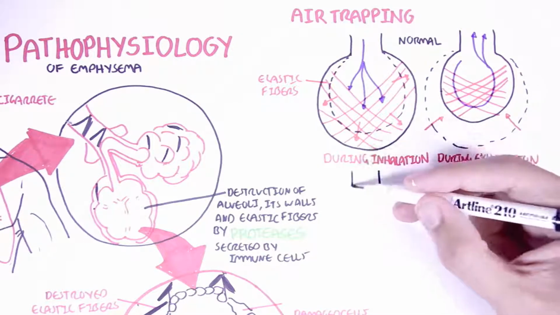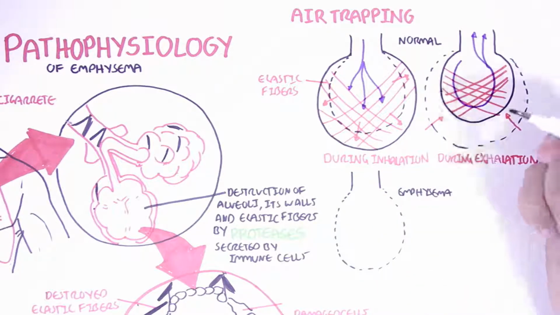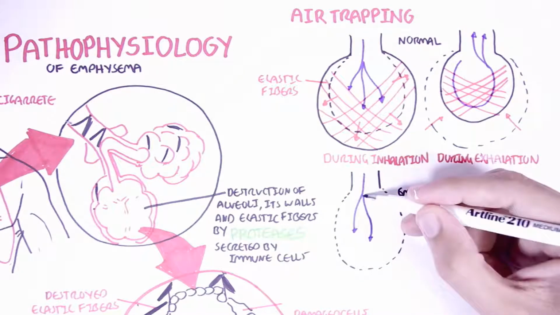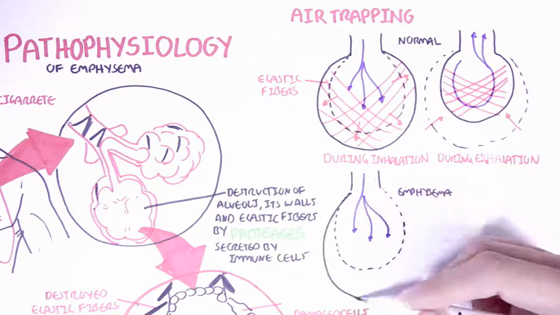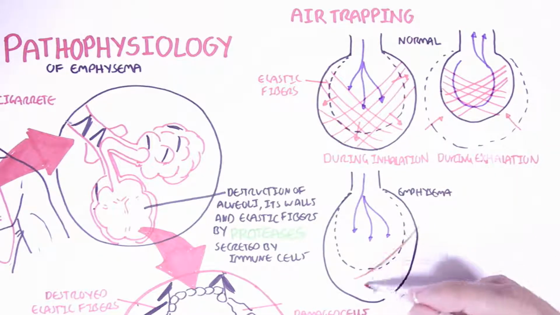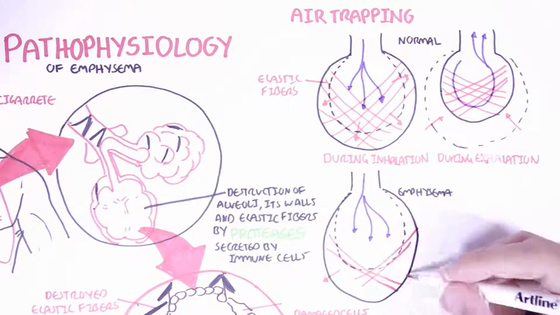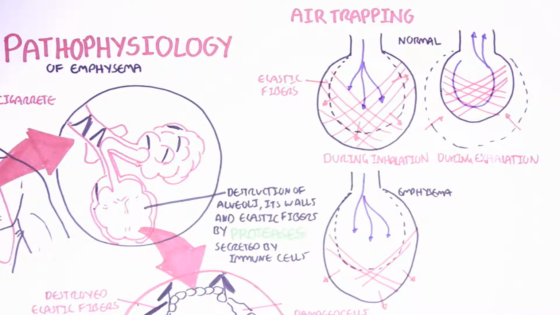Now let's look at lungs with emphysema. During inhalation, the alveolus is able to expand with force. And this has to be with force because there are no elastic fibers, because they are destroyed, remember? Also, the loss of elasticity in the bronchioles will cause the bronchioles to become narrower during inhalation.